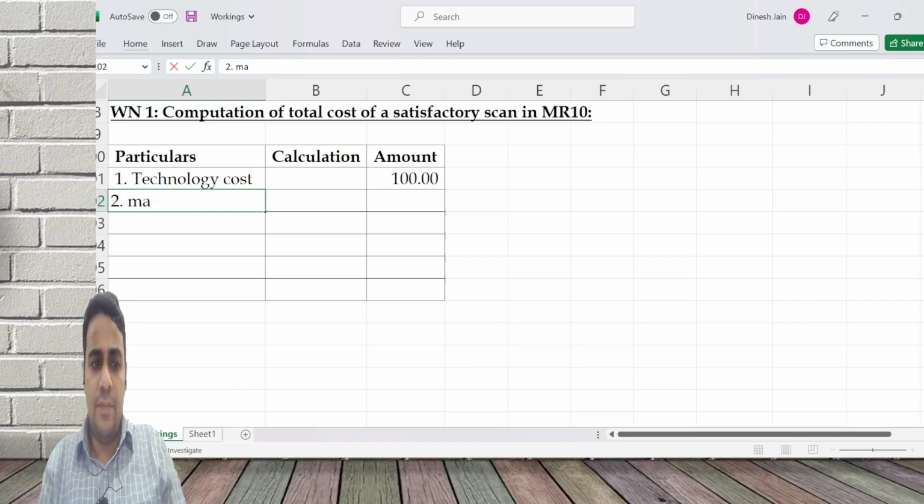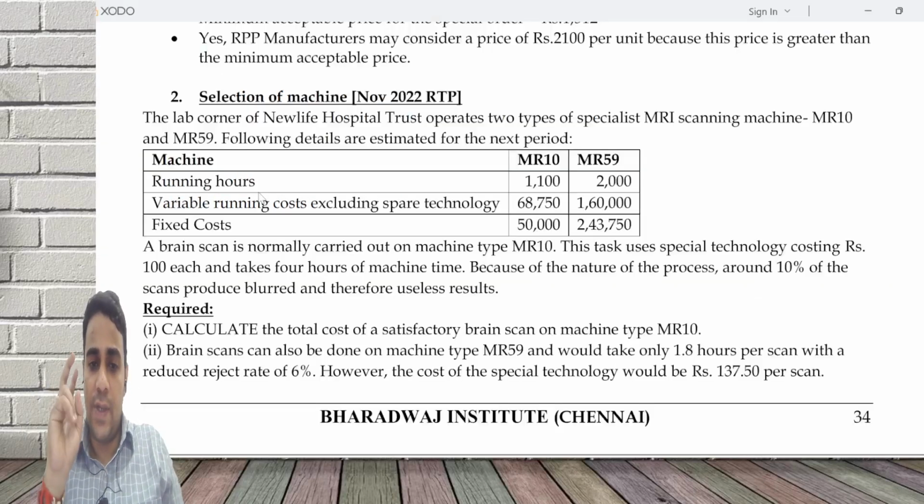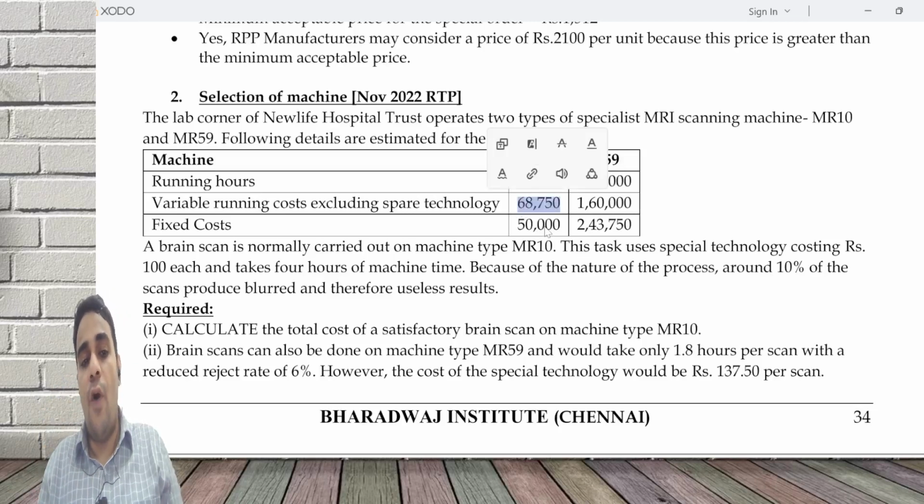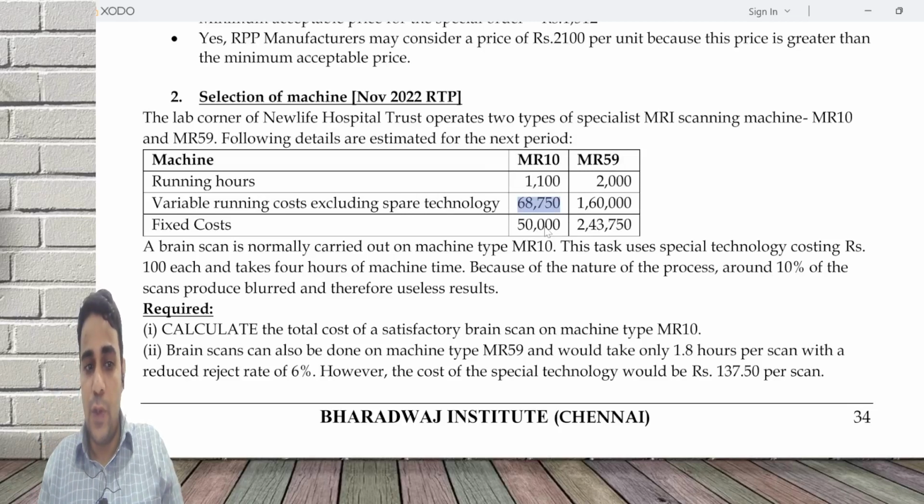Machine running cost and machine fixed cost. You have two types of cost. One is the running cost as well as a fixed cost. Running cost is 68,750 for 1100 hours. I need 4 hours to do a scan.